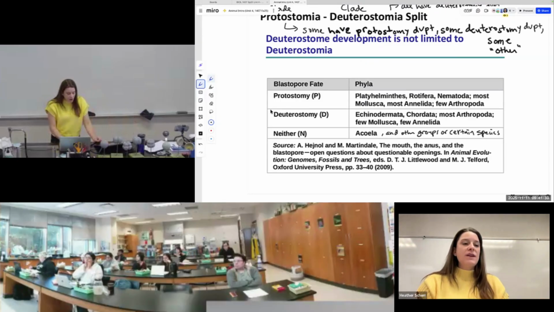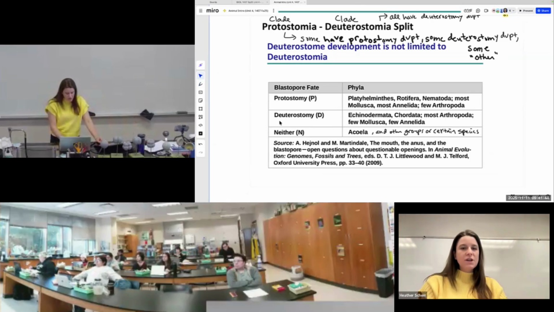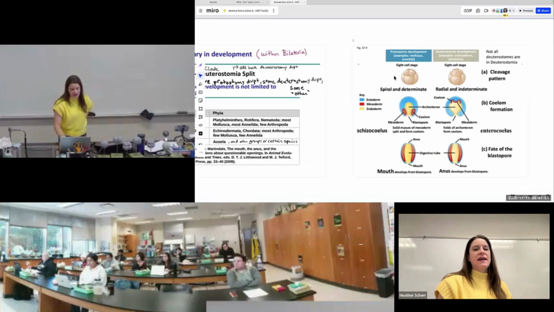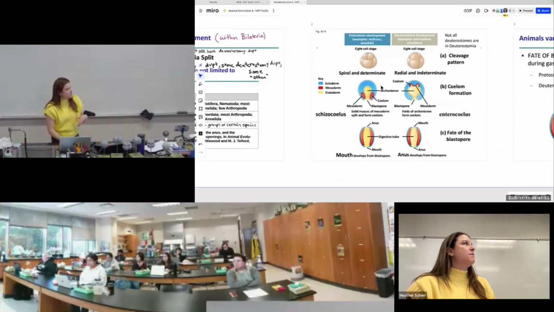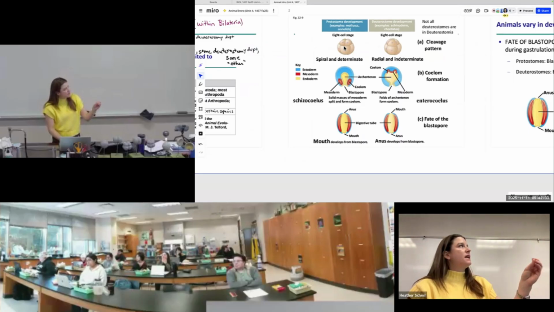So we need to know what the differences are between protostomy type development and deuterostomy type development. You'll have to classify those with the groups. Basically it's a few different things. So how they divide in cleavage, whether those cells in the early ball, the 8-cell stage, are stuck in their differentiation, call it determinate, like they can only become certain things, or whether they're indeterminate, meaning they can still become the whole organism.